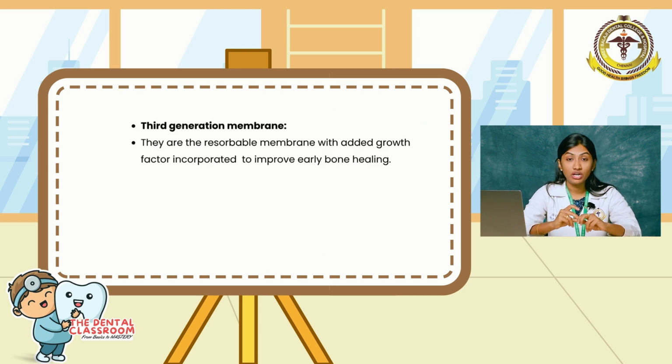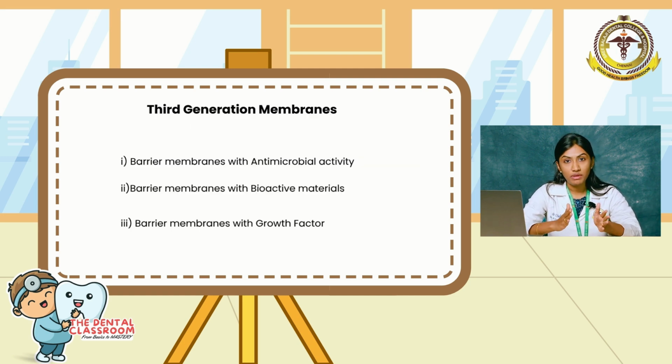Now we also have third generation materials. This is a modified version of the second generation material, that is, the resorbable membrane reinforced with additional materials. Those additional materials are barrier membranes with antimicrobial activity. Any form of antibiotics has been used in the barrier membrane, with bioactive materials, which are going to improve bone cell activity or bone regeneration activity and periodontal ligament regeneration activity.